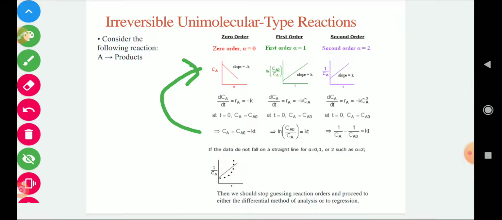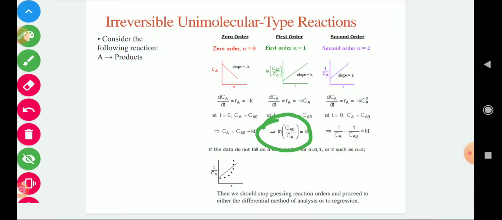If it gives a straight line, it means the reaction is following zero order kinetics. But if we do not get a straight line, then as a second assumption we can assume the reaction is following first order kinetics. For first order kinetics, the rate equation will be RA equal to minus k CA. Again, if we integrate that equation, we get this expression.